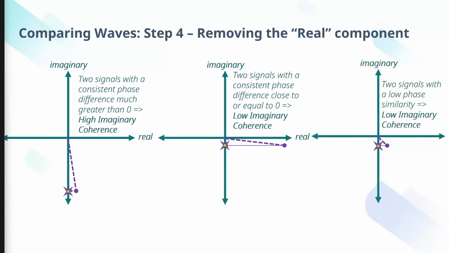And then if you just imagine two signals that aren't really in sync and they don't have a lot of the same frequency, again, we're going to get that same low imaginary coherence. So what happens by using only the imaginary component of coherence is we get signals that have some sort of phase relationship, that have a lot of the same signal, and that aren't perfectly in sync with one another, because that's impossible.